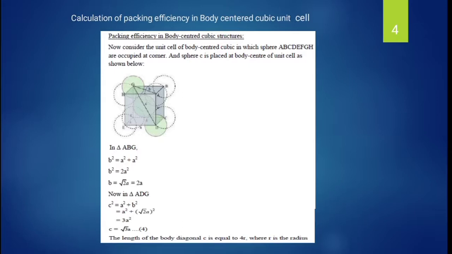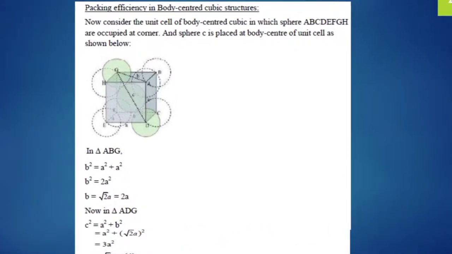Similarly, calculation of packing efficiency in a body centered cubic lattice or unit cell. Here, one full atom is situated at the center. So we have to consider one corner atom sphere, one center atom and another corner atom sphere.